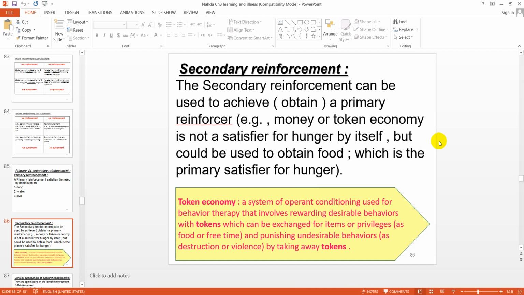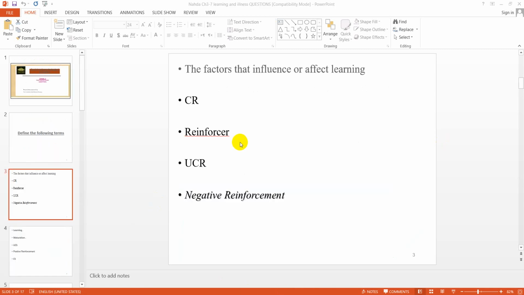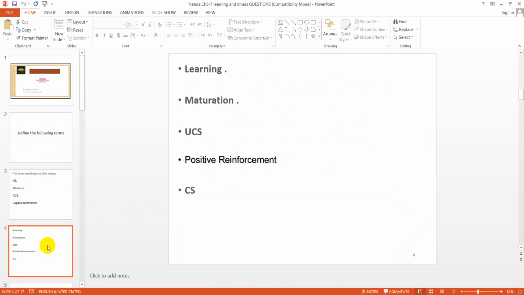We gave examples such as money, token economy. Okay, according to that, now you are able to define reinforcer, negative reinforcement, and also positive reinforcement.